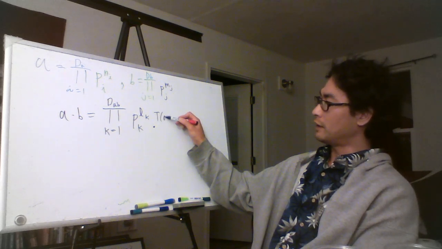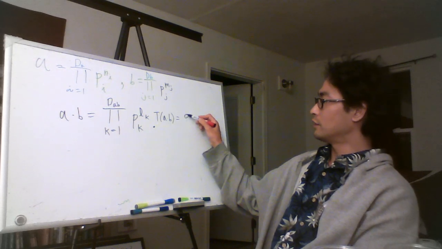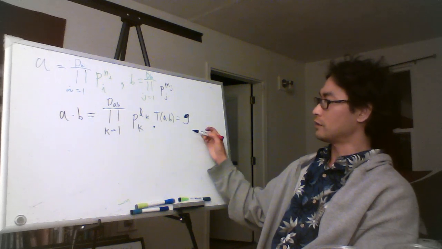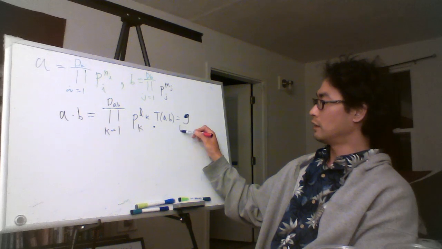T of a times b is equal to, you just convert pi into comma. It's just a transformation function. You transform a number into a set, right?